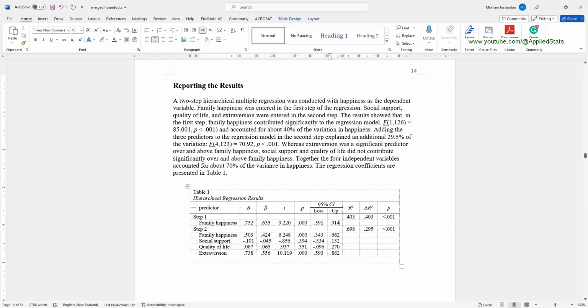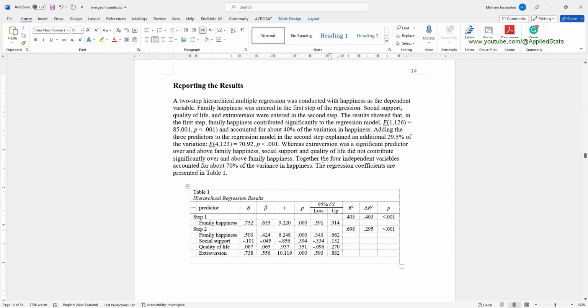Then you talk about your second step, adding the three predictors to the regression model in the second step. You report your R-square change, which was about 30%. And then you report your second regression model, degrees of freedom, F value, and p-value. Then you mention that whereas extroversion was a significant predictor over and above family happiness, social support and quality of life did not contribute significantly over and above family happiness.